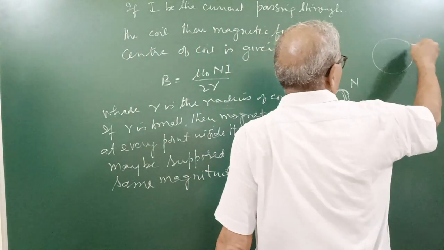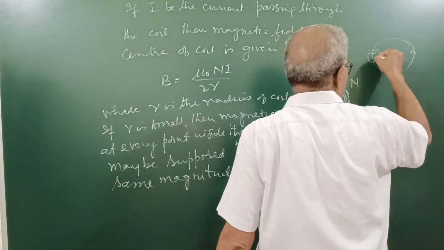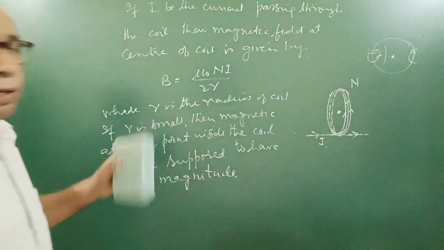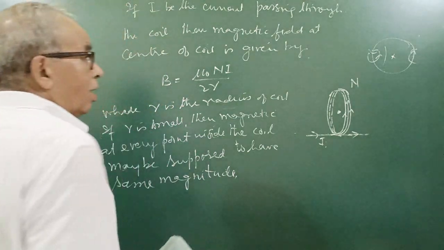Now if this is the loop, then the field is normal, inward, like this. This formula is meant for the center, but we have taken the approximation that if R is small, the field is normal.